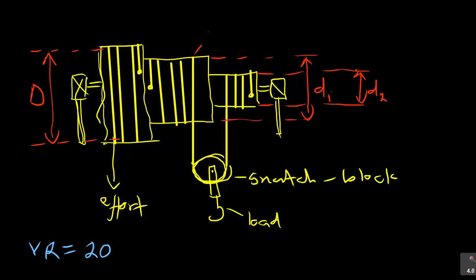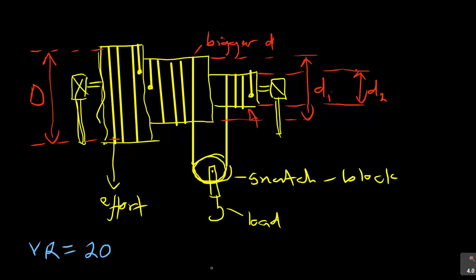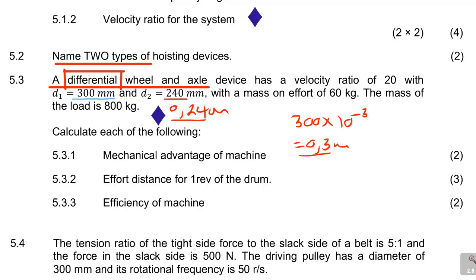So this is the bigger diameter, bigger D, and this is the smaller D. So when I have that, let me come back. It says D1 is 300, which is 0.3. That is my D1. If I use another pen here, D1 is equal to 0.3 meters, and then my D2 is equal to 0.24 meters. Are you with me?